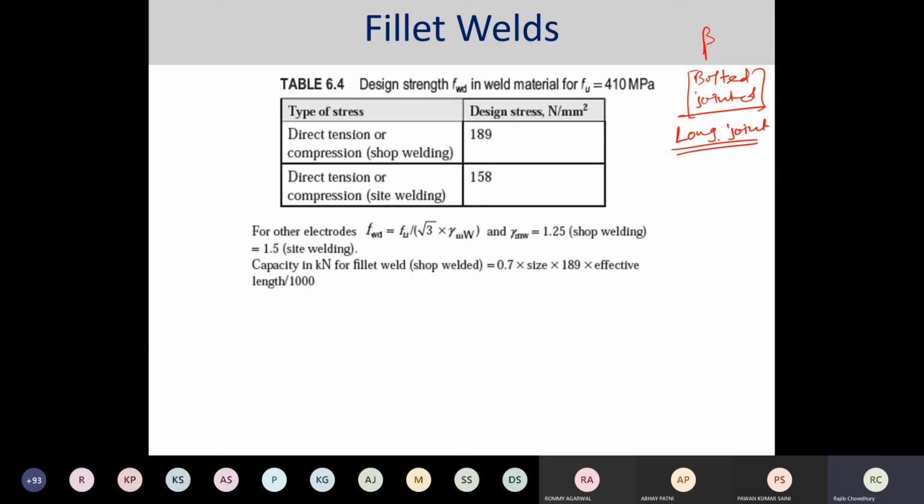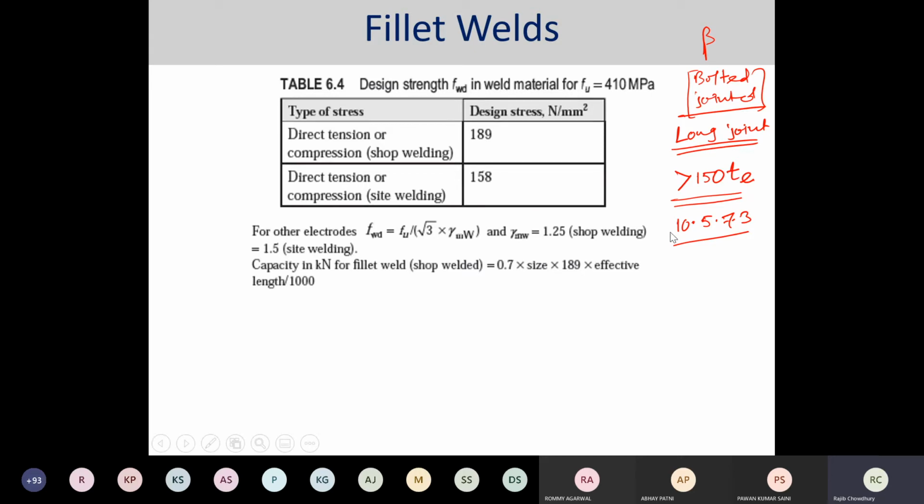We can specify the long joint in the way that if the maximum length of the weld exceeds 150 times the effective throat thickness, or the throat size of the weld, then this is to be termed as the long joint, and accordingly clause number 10.5.7.3 is to be applied to make the calculation of the design strength or the design capacity of the weld.